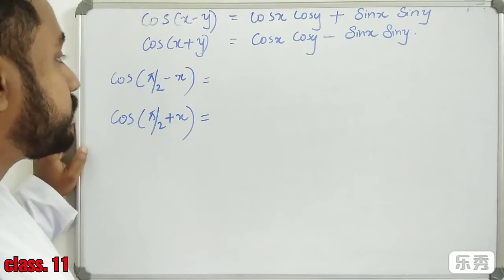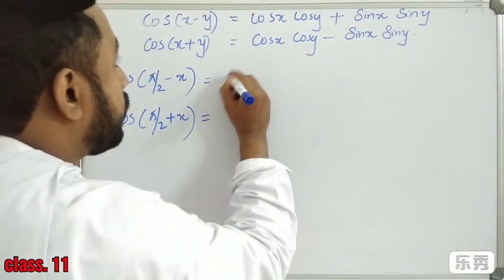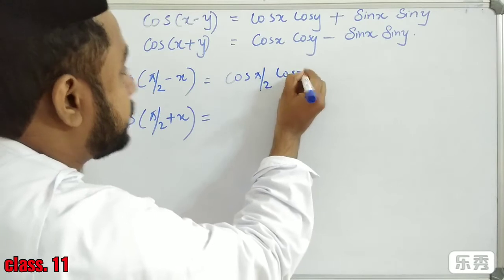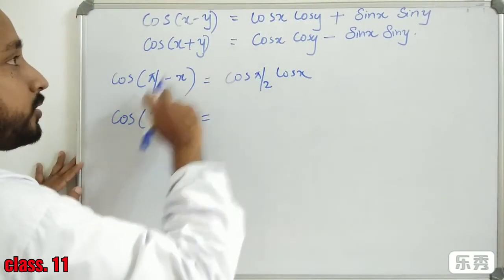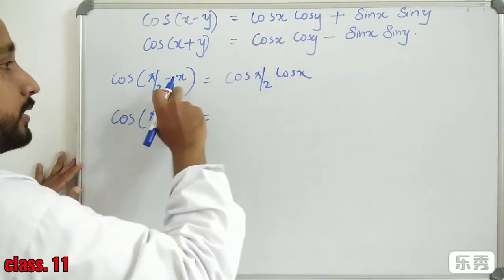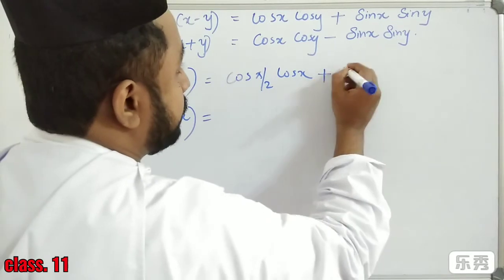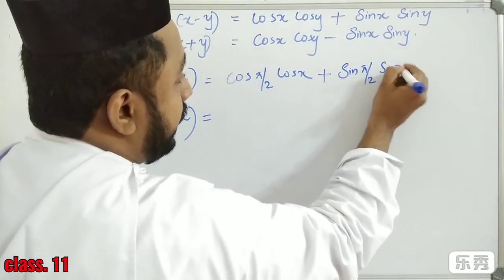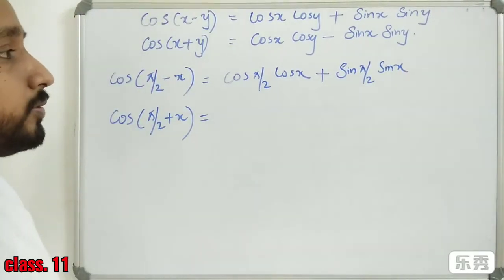So in place of x, put pi by 2, and in place of y, put x. So cos of pi by 2 minus x is equal to cos pi by 2 cos x plus sin pi by 2 sin x.